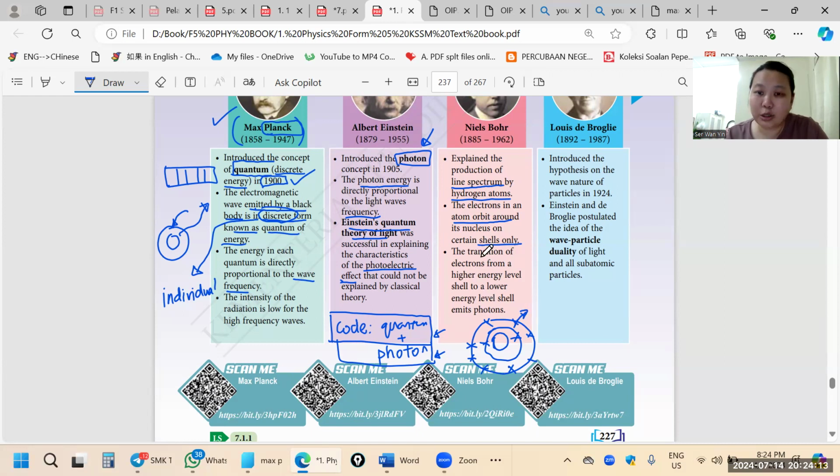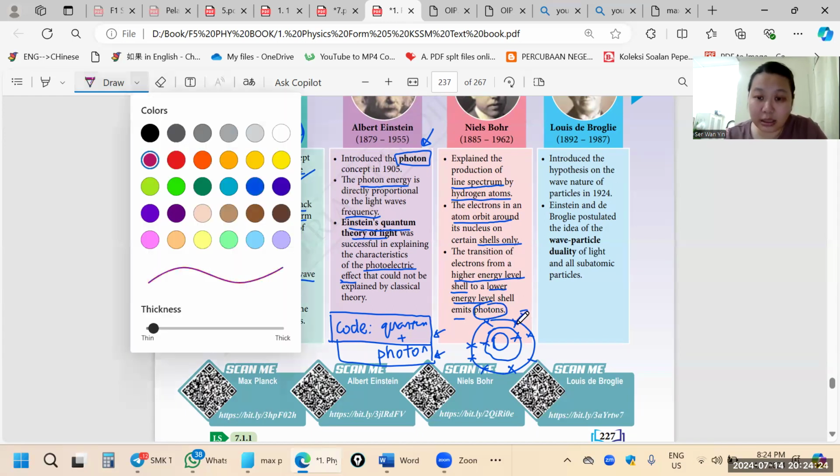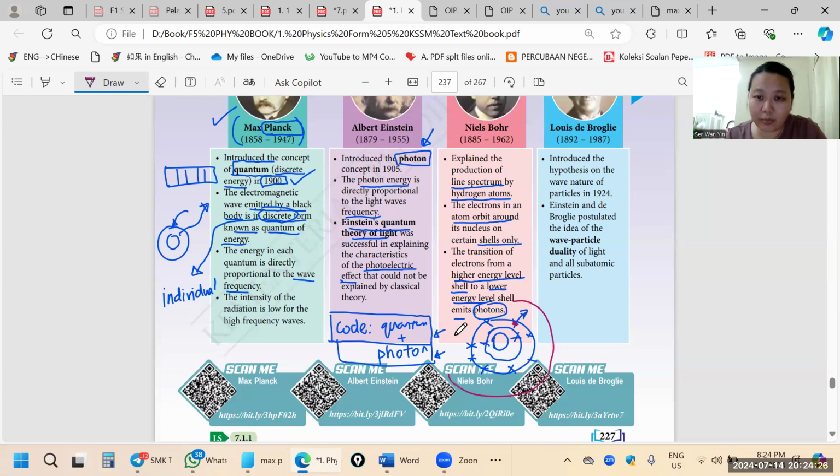So we say the transition of an electron from a higher energy level shell to a lower energy shell emits a photon. So he said, let's say this electron goes to the next orbit, and then when it comes back, it's like you: give you food and good rest, everything, and the next day you can run very fast.